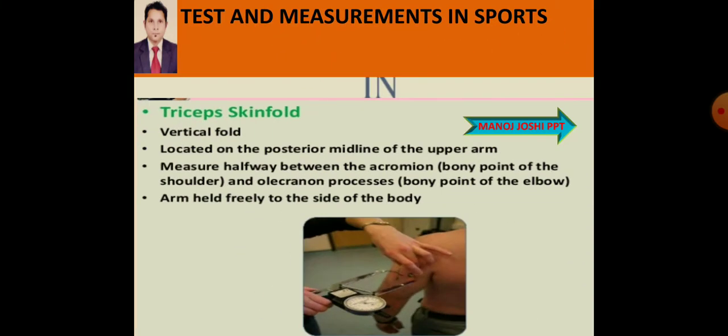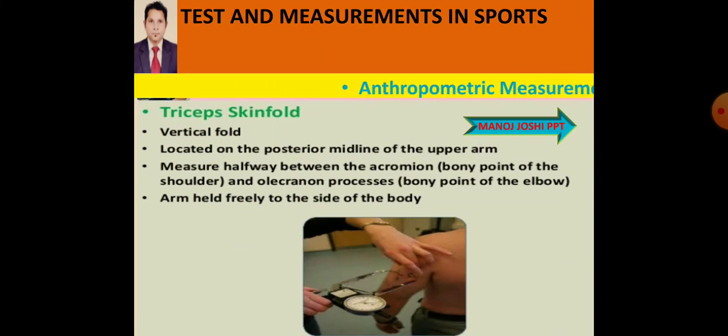Triceps skin fold, we will see here. Triceps skin fold, vertical fold it is. Located on the posterior midline of the upper arm.